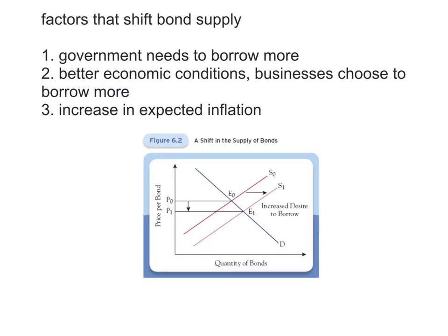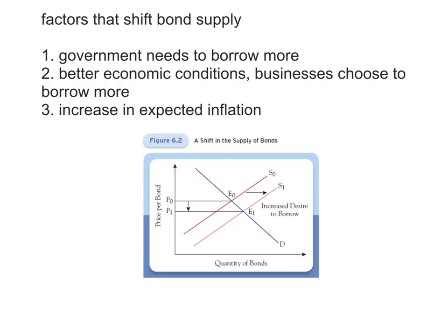Second thing, if businesses perceive better economic conditions, then they will feel confident to invest and expand their business in anticipation of profit opportunities. One of the ways to finance new investment is to borrow, and one way to borrow is to issue new corporate bonds. So better economic conditions can lead to an increase in corporate bond supply.